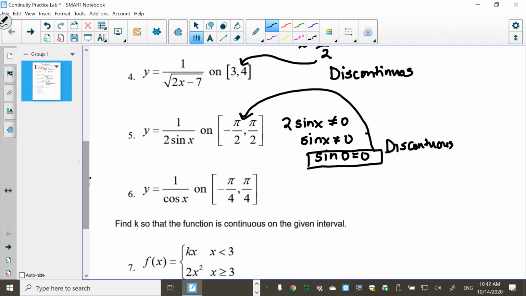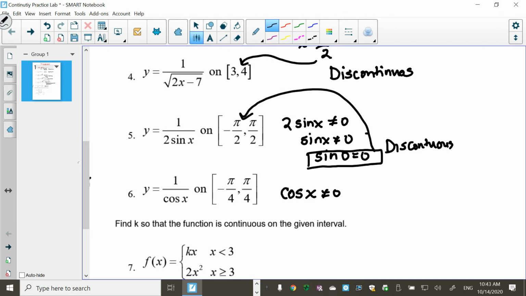The next one I'm doing is 1 over cosine. Again, I graphed this. I changed the window, and I'm looking at the window from negative pi over 4 to positive pi over 4. So I look at this and say, okay, cosine of x cannot equal 0. And then I think about it: when is the cosine of x 0?